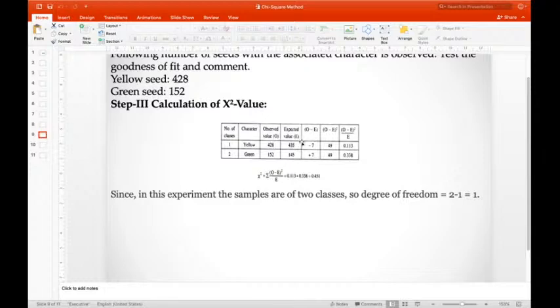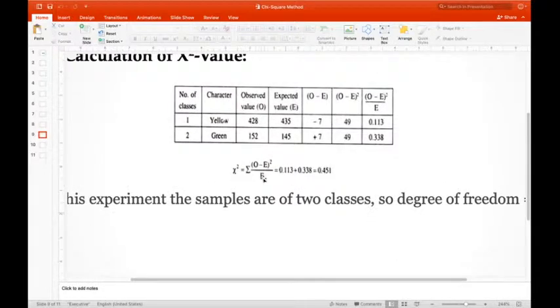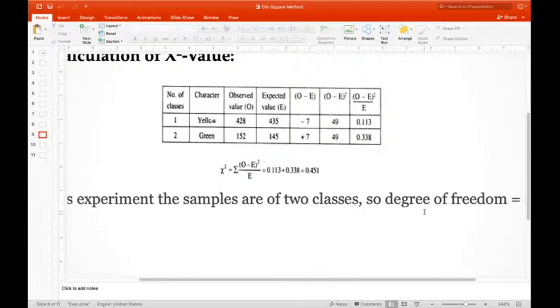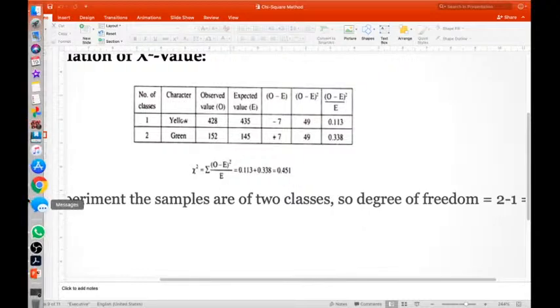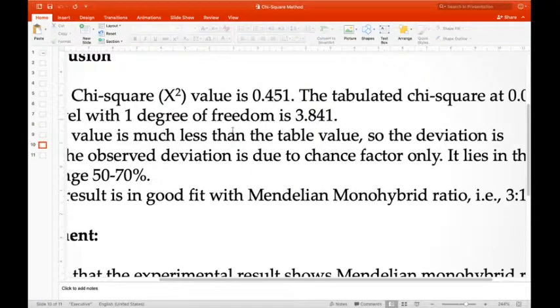Then you take this to the formula, O minus E whole square divided by E, by putting them in this table, and then you calculate degree of freedom, and then from the chi-square table you find the value, like 3.84, you compare it, and then your result is there. Tada! As simple as that.